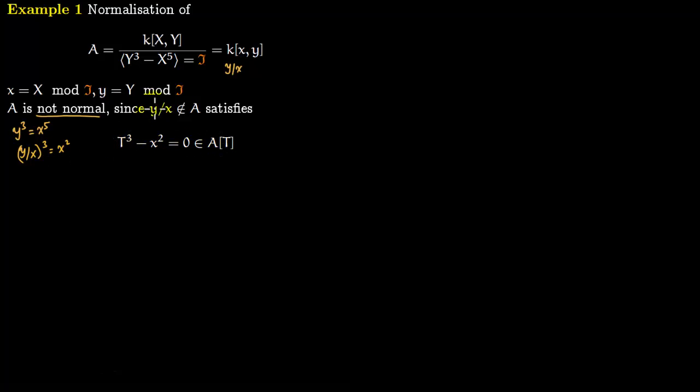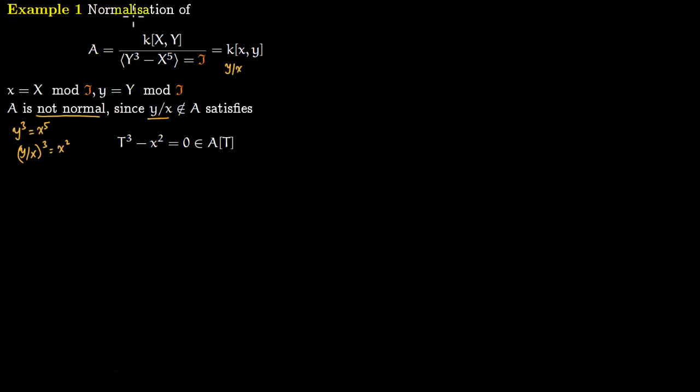If we plug in y over x instead of T, it satisfies this relationship. So y over x, which does not lie in A, satisfies such an equation, and therefore A is not normal. We have an element which is integral over A but does not lie in A.